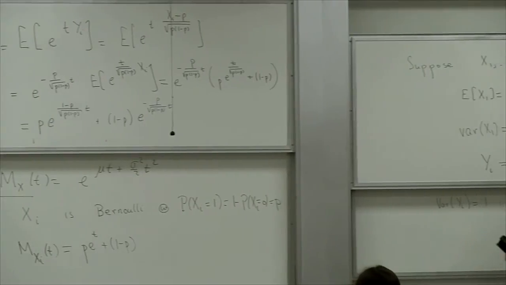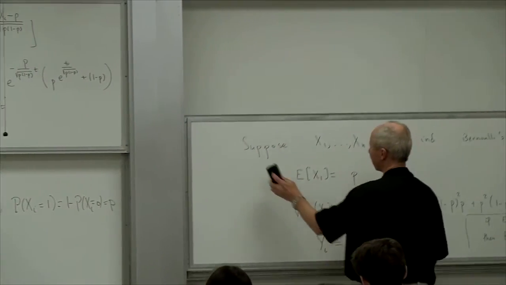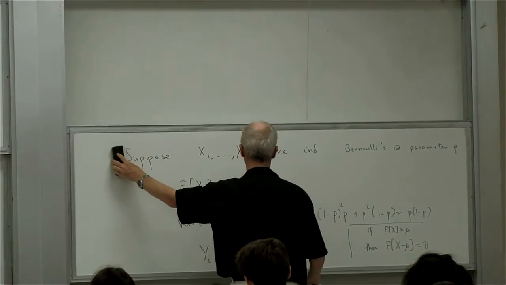Let's take p equal to half. So that'd be like a fair coin.